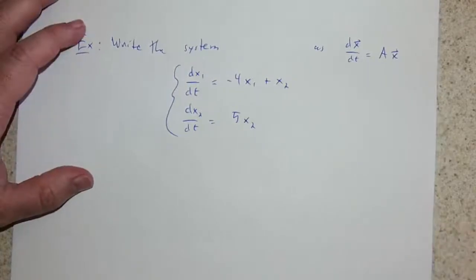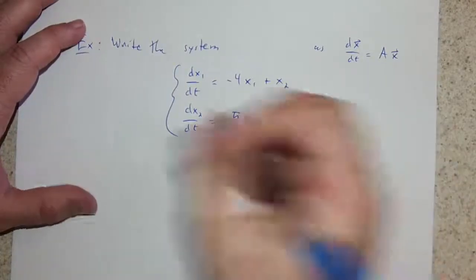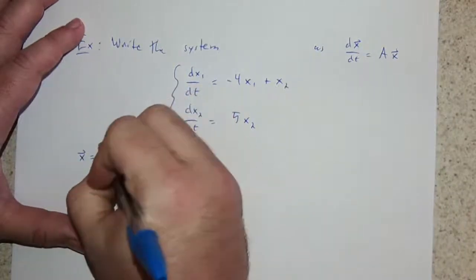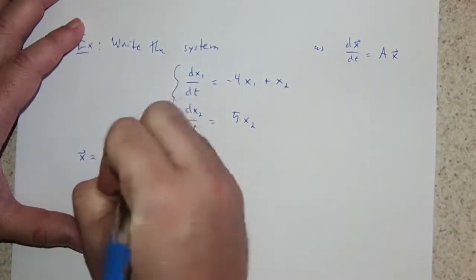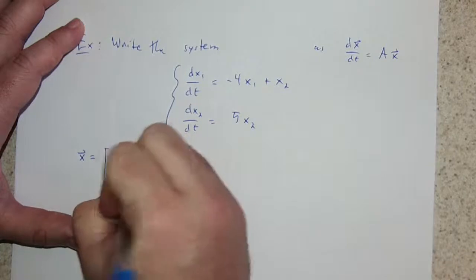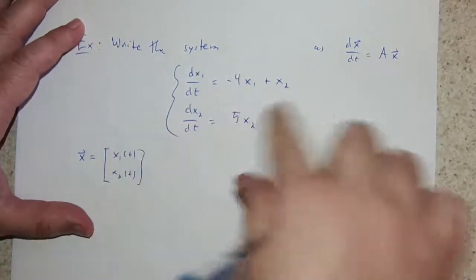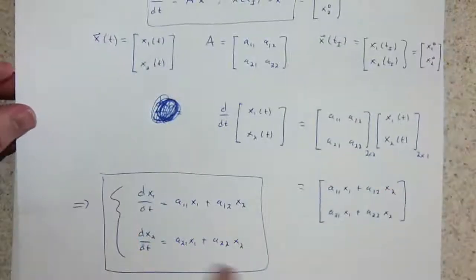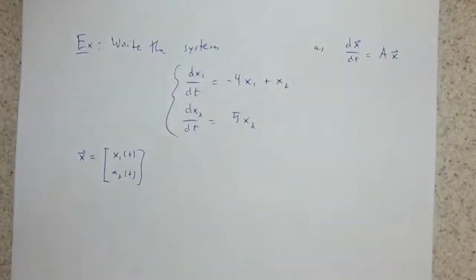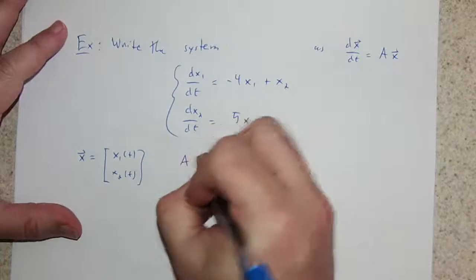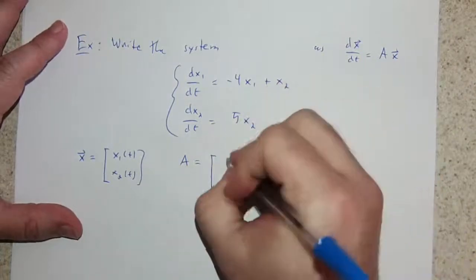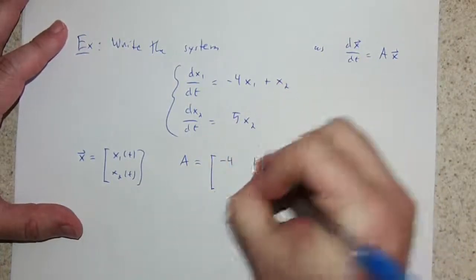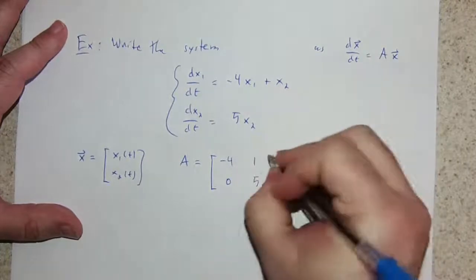Okay, and so how to do this is I let x be the vector x1 of t, x2 of t. Right? Then what is A here? Just reading off our last line, A is going to be the matrix minus 4, 1, 0, 5.